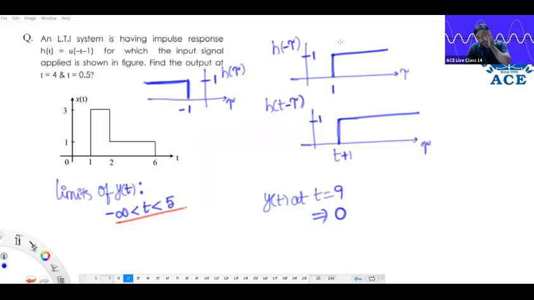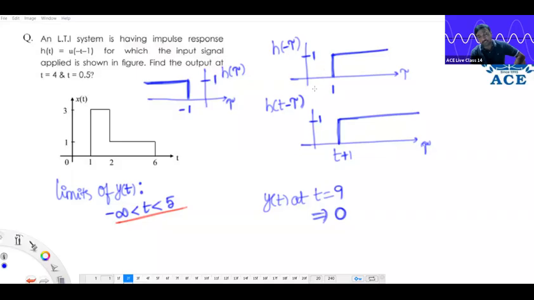So to solve this type of example, first you decide which signal you want to fold and shift. First we have drawn h of t, u of minus t minus 1, which covers from minus infinity to minus 1. Later on, fold it. Minus infinity to minus 1 becomes 1 to infinity.